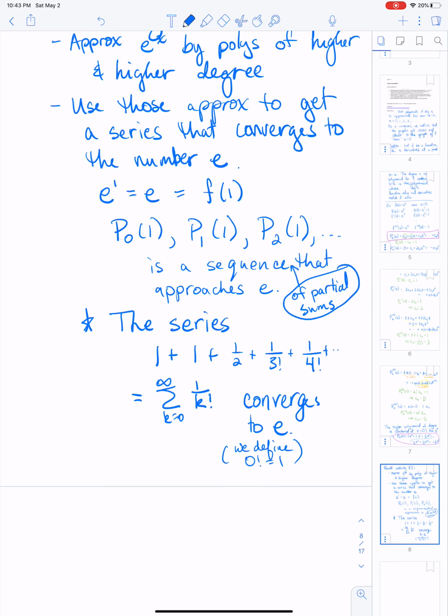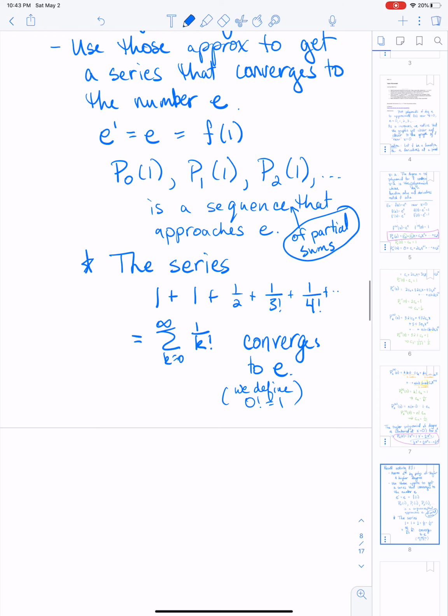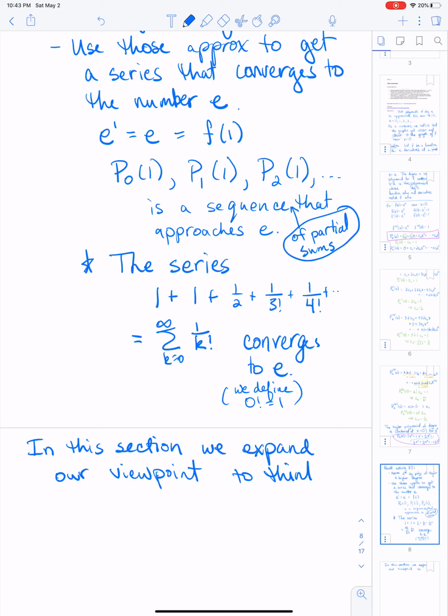In this section, what's new is we expand our viewpoint to think about more than series of numbers.